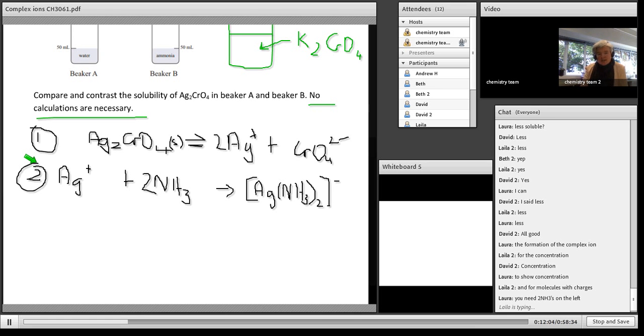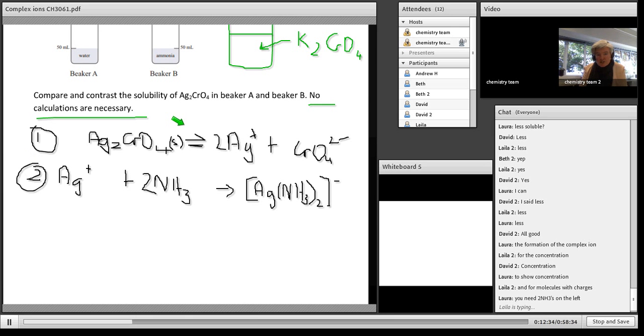So you would say in water there's an equilibrium established as in equation 1, with the ions of silver and chromate in equilibrium with the silver chromate. If however you put it into an ammonia solution, then the ammonia reacts with the silver. So this, and I'll just change my color.